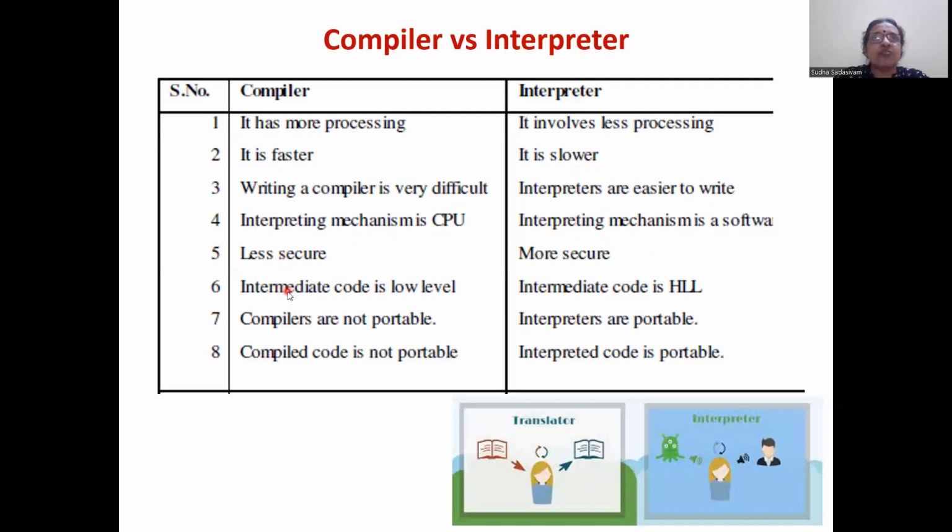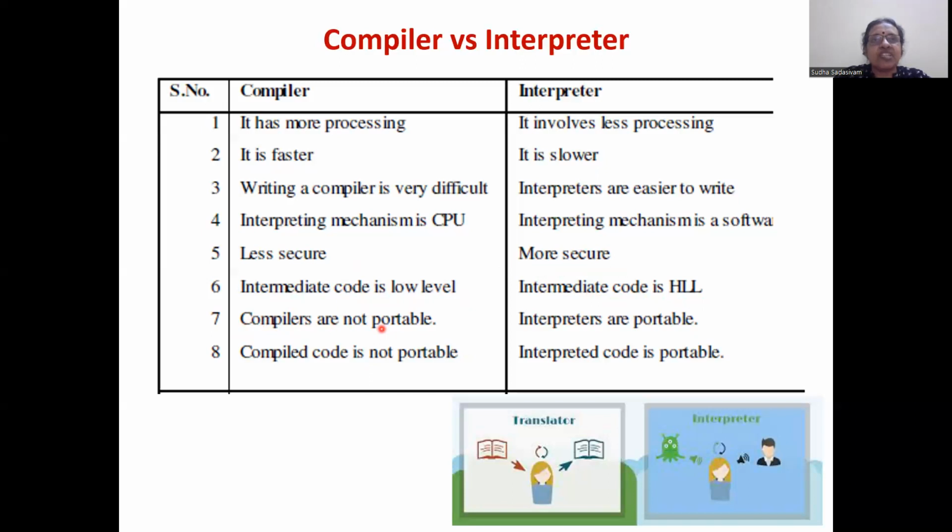Compilers are less secure because it is very easy to hack the executables, whereas an interpreter is more secure. The intermediate code generated for a compiler is low level, whereas the intermediate code generated for an interpreter is high level. The compilers, as I already discussed, are not portable.